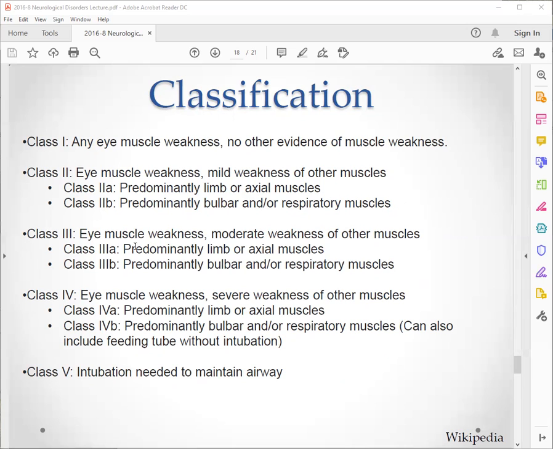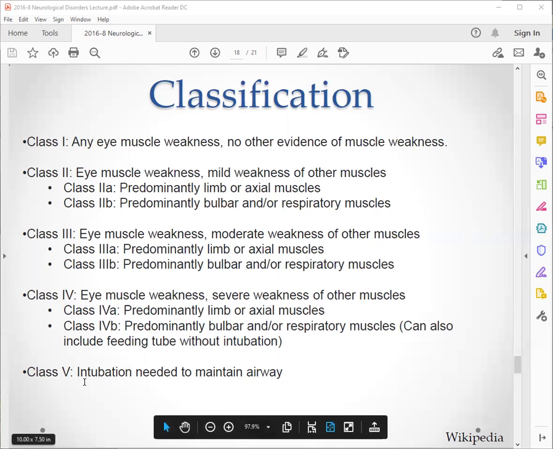Class 3 involves eye muscle weakness and also moderate weakness of other muscles. Again, that could be either limb or axial muscles or bulbar and or respiratory muscles. Class 4 involves eye muscle weakness and severe weakness of other muscles as well. Again, there are several different subclasses of class 4 myasthenia gravis, and that would include limb or axial muscles, or predominantly bulbar or respiratory muscles can also be included.